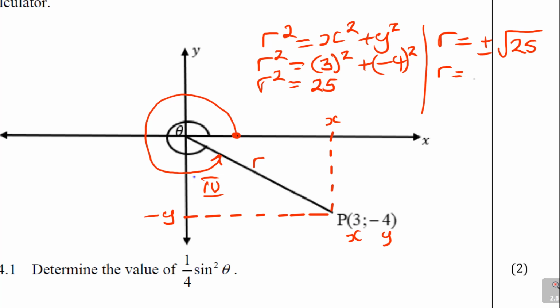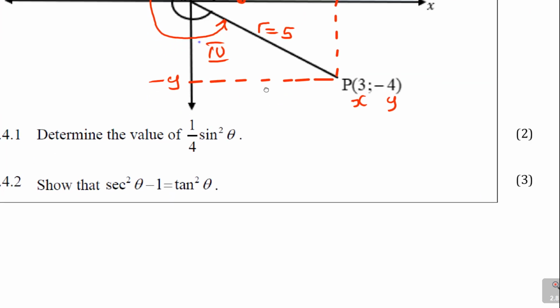Here r is always positive, so it's 5. I was finding a distance, so r is always positive. R is 5. From here you can answer any question they will ask after you know x, y, and r.